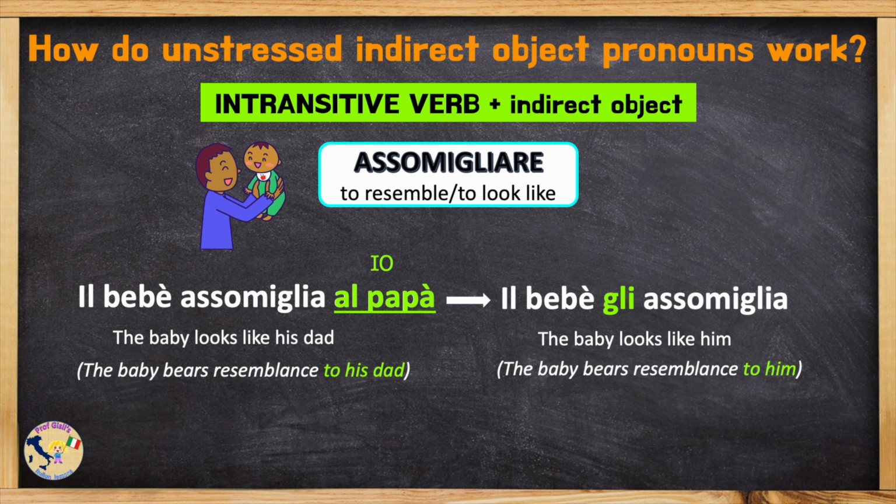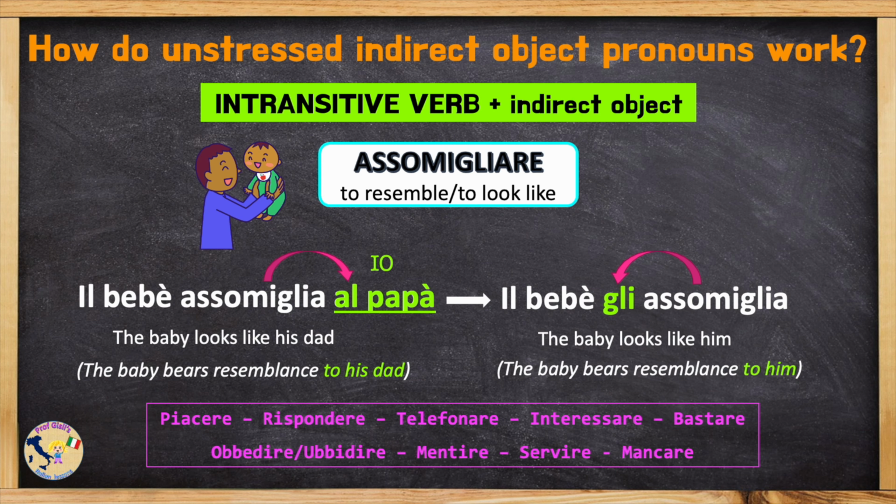Here again, rather than following the verb, the pronoun precedes the verb. Other intransitive verbs similar to assomigliare include piacere, rispondere, telefonare, interessare, bastare, obbedire or ubbidire, mentire, servire, mancare.